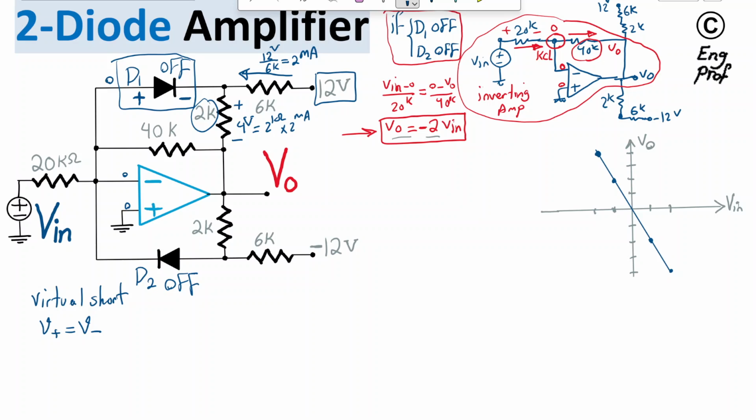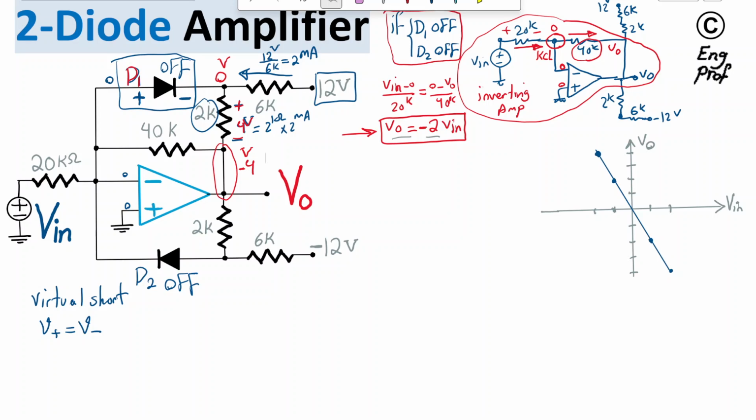Now, since at this node we have 0 volt, and we have a 4 volt drop across this, at the moment that diode D1 is about to turn on, the voltage here is negative 4 volt. So what is the consequence of this?